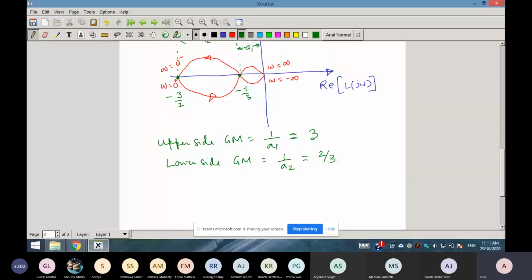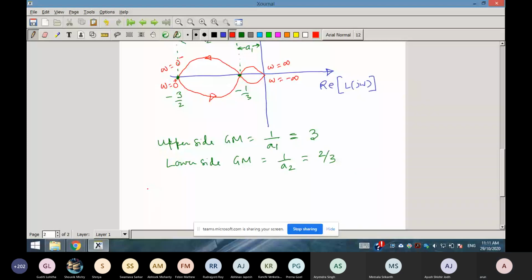That means there is no term like upper side phase margin, lower side phase margin, because the Nyquist plot is symmetric with respect to x and y axis. So that's why I am writing that comment.